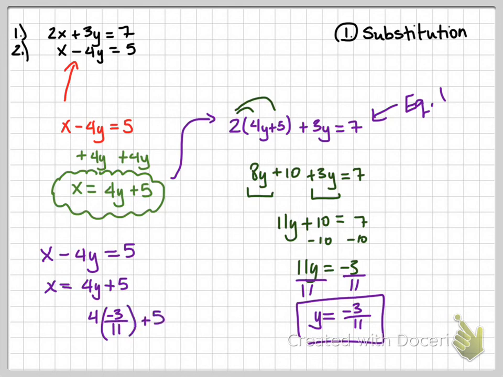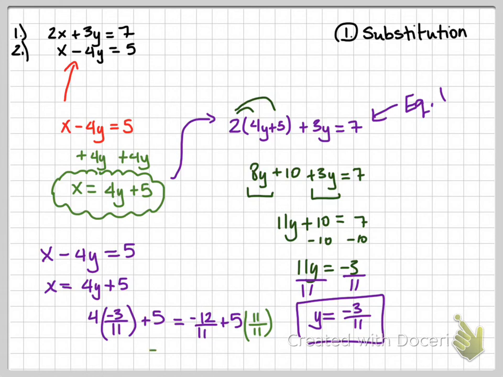So this is negative 12 over 11 plus 5. You want the 5 to be a fraction too, with the same denominator so that you can add these things. We want it over 11, so we multiply by 11 over 11.